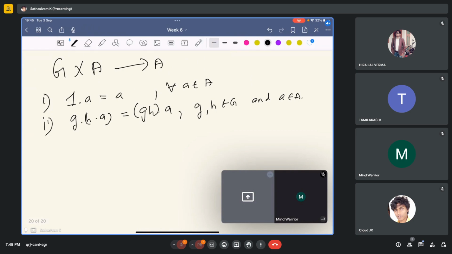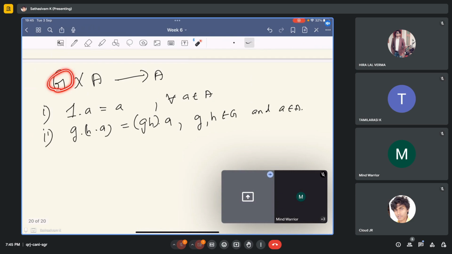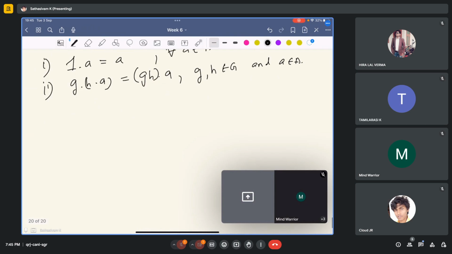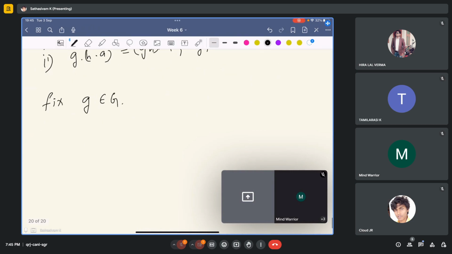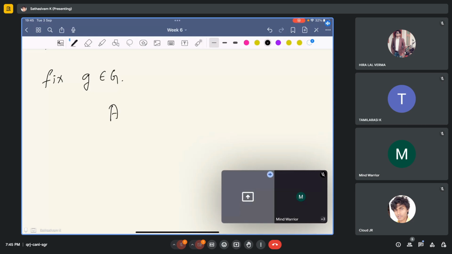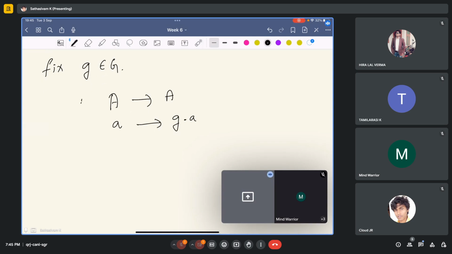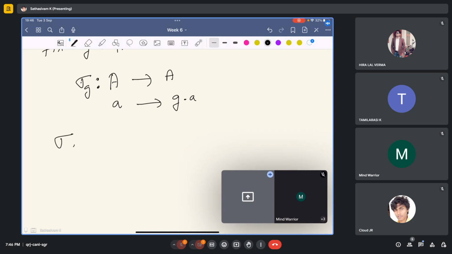But what we can do here is, you can see this is a map from two coordinates. So let me fix a g here and see what happens. If you fix a g, this induces a map from A to A, which takes a to g dot a. I call this sigma g. This sigma g is actually a permutation, or what I mean is it's a bijection.